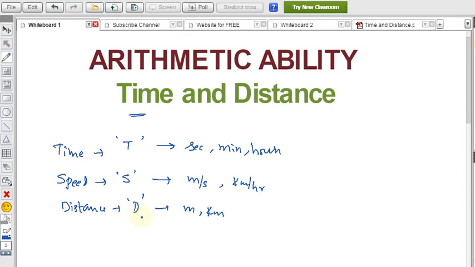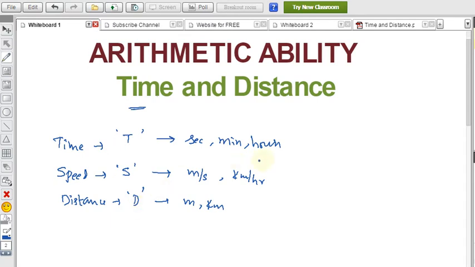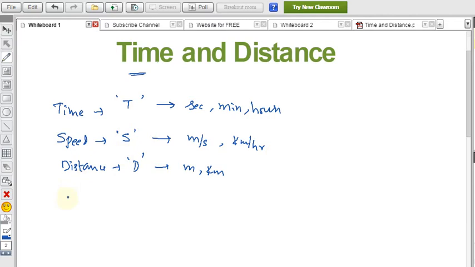So the relation between time, speed and distance. What was the relation here? The relation between these three: time, distance and speed. Distance is equal to speed into time.